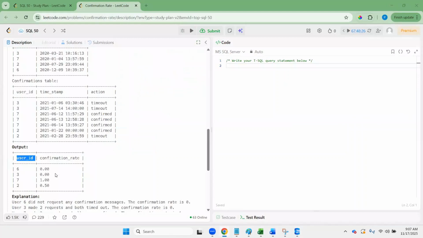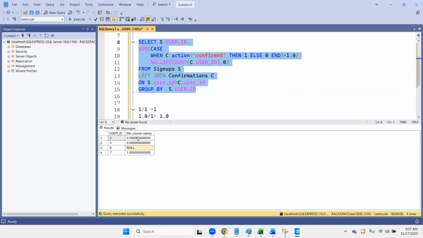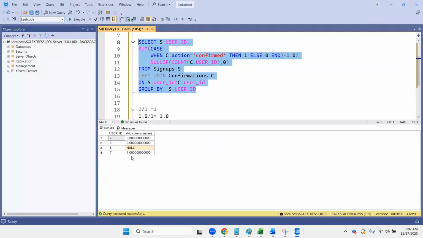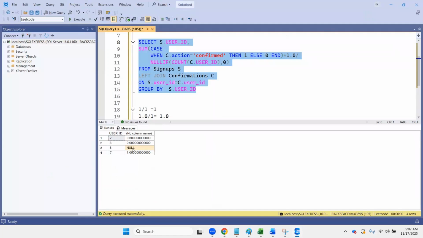So we're explicitly converting the numerator into decimal, so that now you can see our expectation: 0.00, 0.00, 1.00. So in the 6th, we have 0, but it is showing null.